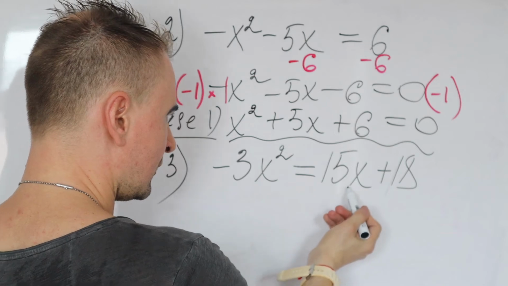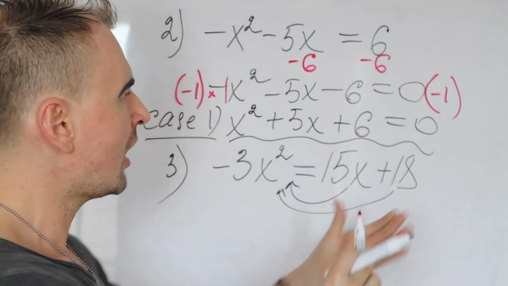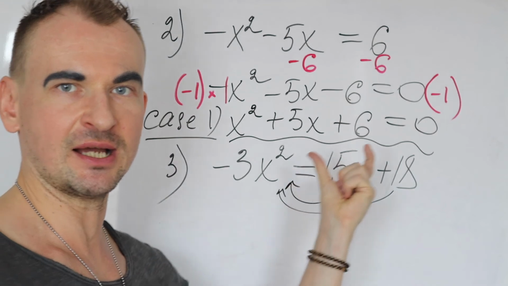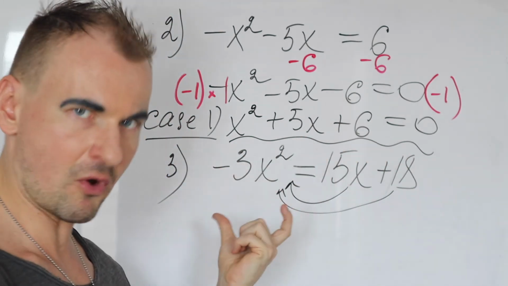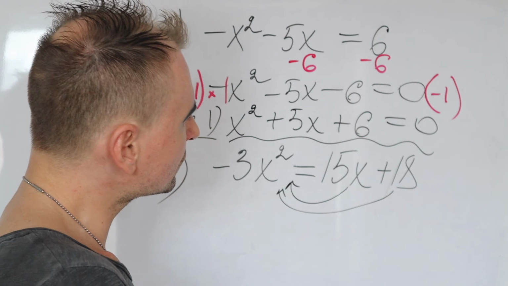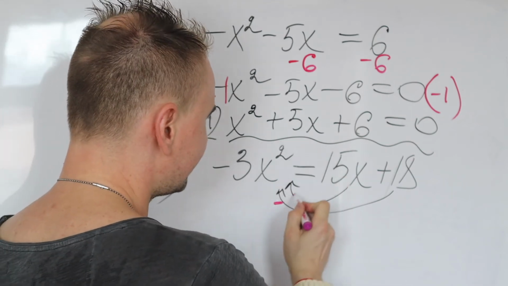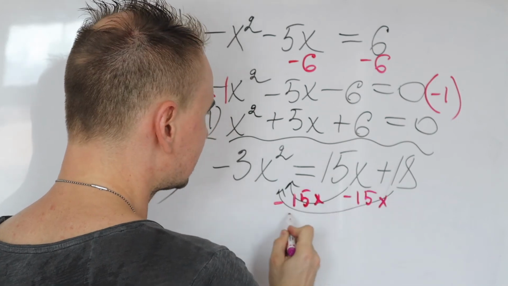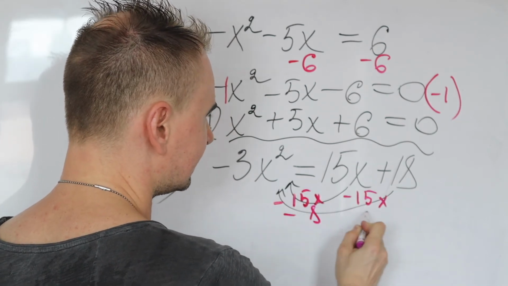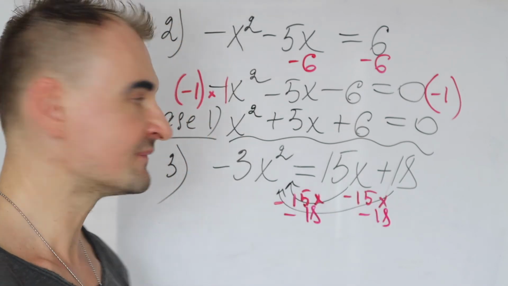To achieve this, you want to move all terms that are on the right side to the left side. So you simply subtract 15x from both sides, and you also subtract negative 18 from both sides.